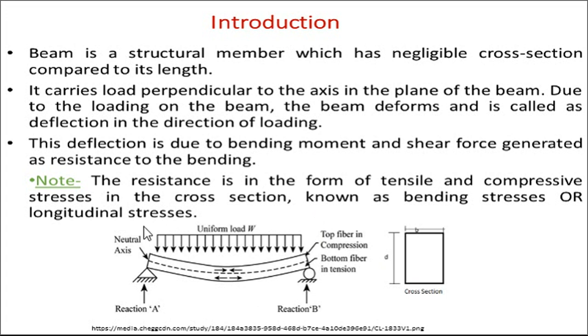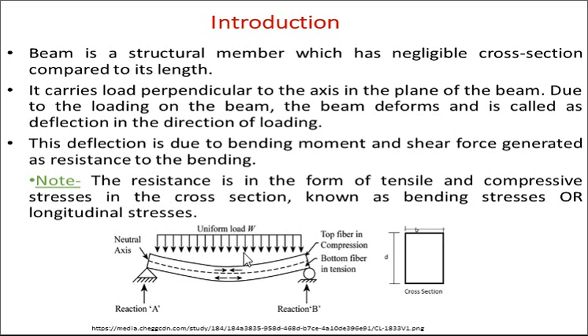So you can see in this particular figure that there is a beam which is supported at its end, and loadings are applied onto this beam. This is a uniform type of load acting, and after application of the load, the beam deflects or is bent in this section, and because of this loading, internal stresses are developed to counteract this bending or this deflection.